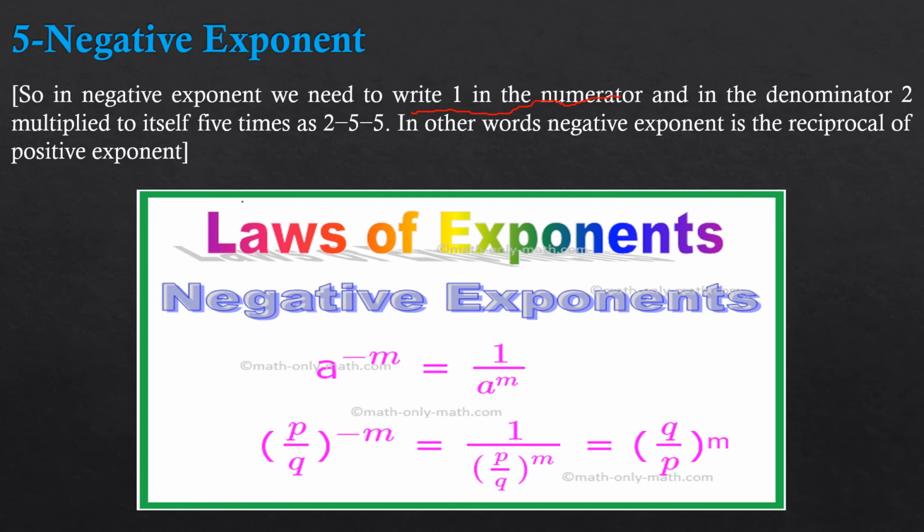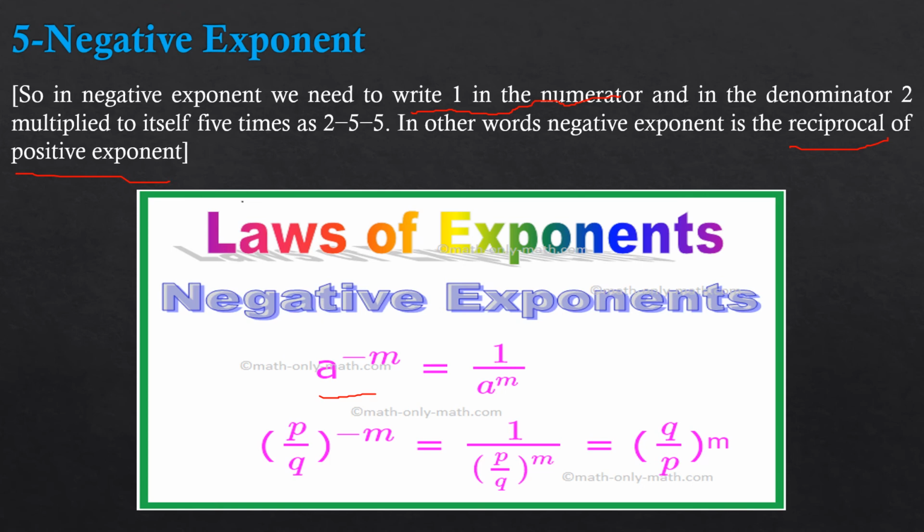In other words, a negative exponent is the reciprocal of a positive exponent. So as we have here a power negative m, you have to use 1 in the numerator and also a power m in the denominator.